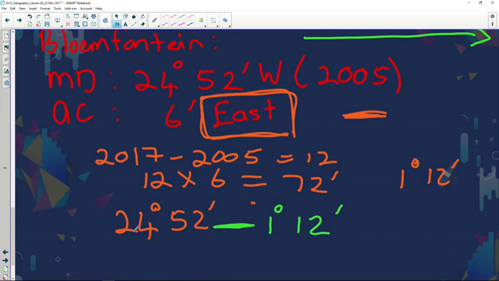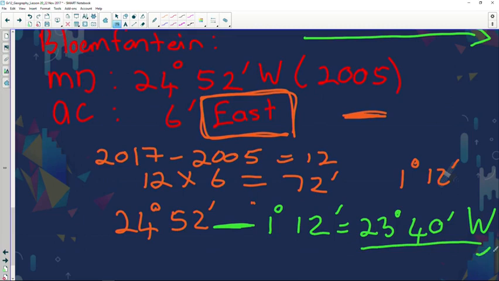So 24 degrees, 52 minutes minus 1 degree, 12 minutes. Just start with the easiest. 52 minutes subtracting 12 minutes gives us 40 minutes. 24 degrees subtracting 1 degree gives us 23 degrees. So our correct answer will be 23 degrees and 40 minutes west.